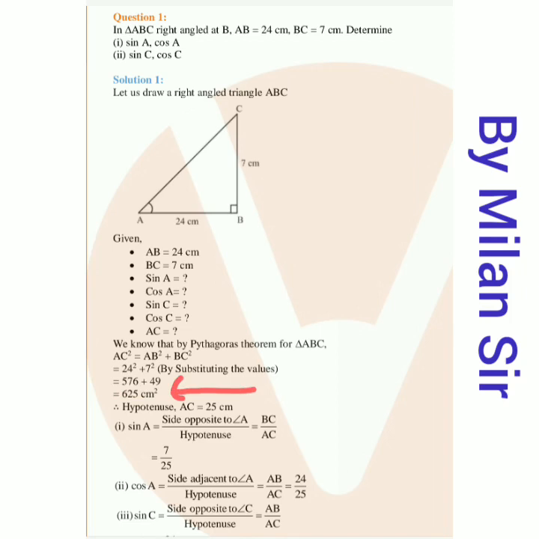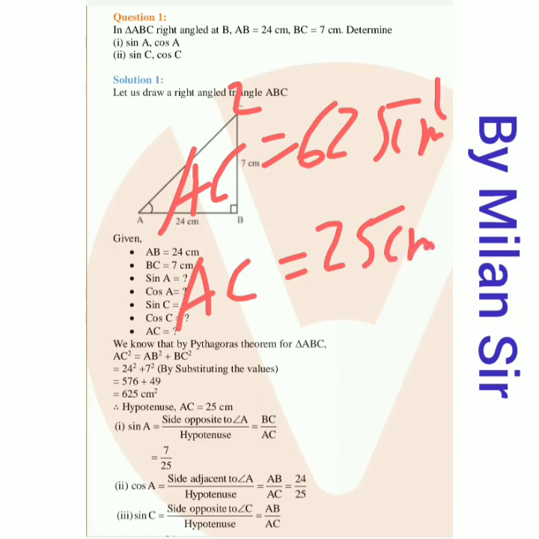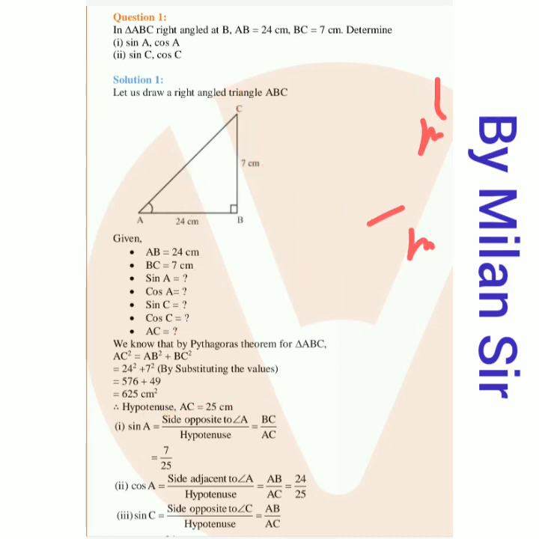Now for finding out AC, take square root. So AC square is equal to 625, then square root of AC square is AC and square root of 625 is 25, and here centimeter square is there, so in square root it is only centimeter, so AC is equal to 25 centimeter, right? Now use the formula of sine and cos.